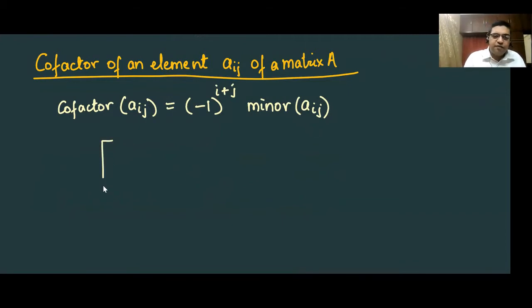So we have A1 B1 C1, A2 B2 C2, A3 B3 C3.